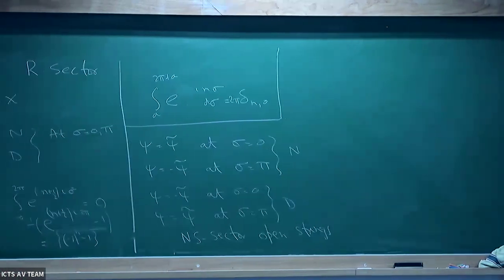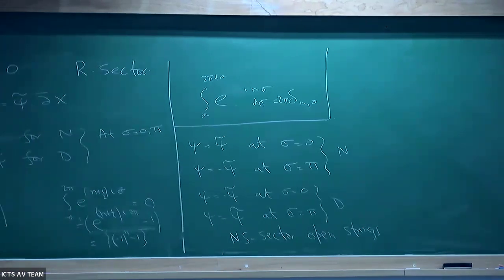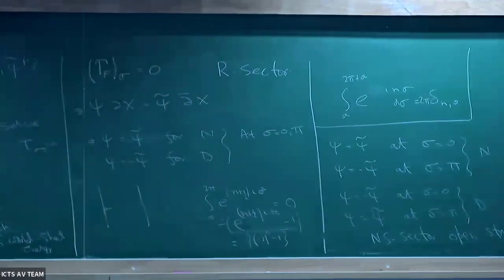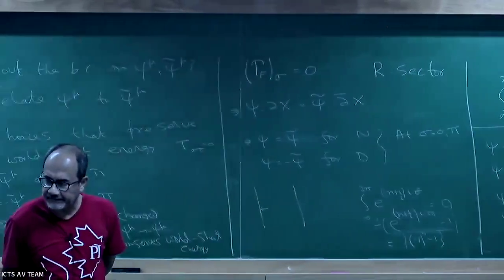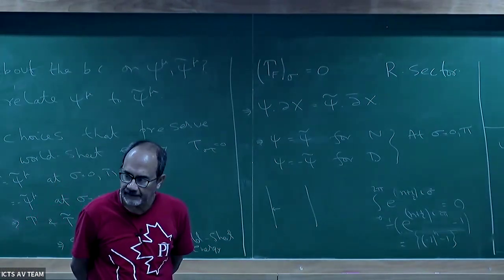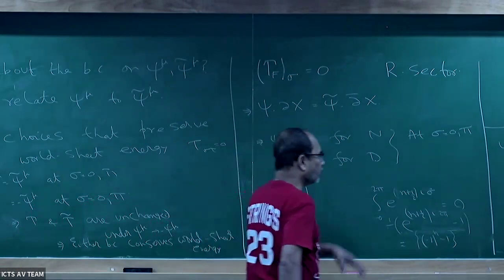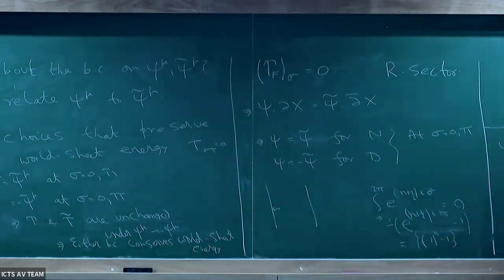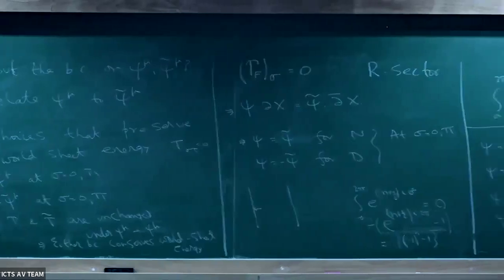The invariant statement is that you have to include both sectors, just like for the closed strings, we included both boundary conditions, that we put both NS as well as R on the left as well as the right moving sector. So here, instead of having 4 sectors, there will be 2 sectors for any fixed boundary condition on the axis.